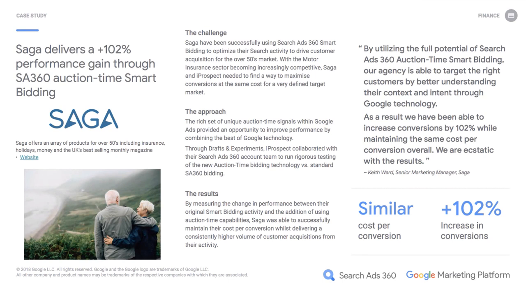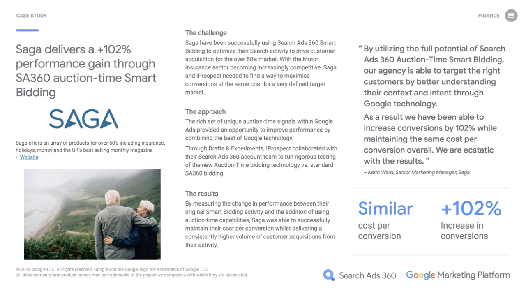The challenge they saw was they wanted to drive more customer acquisition in the above 50 age group, and they pretty much did the same thing. They used drafts and experiments, collaborating with iProspect, which was their agency, to make sure they could test auction time bidding smoothly versus the standard bid strategy. And at a similar cost per conversion, what they found was they were receiving 102% more conversions.